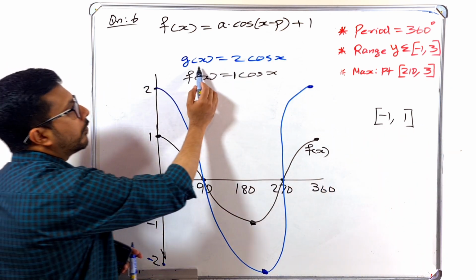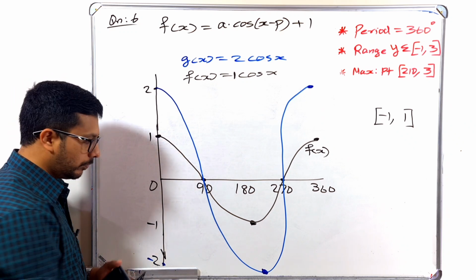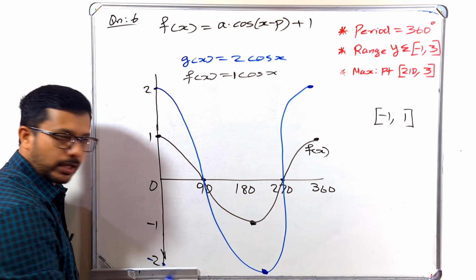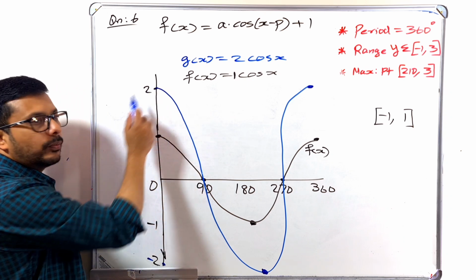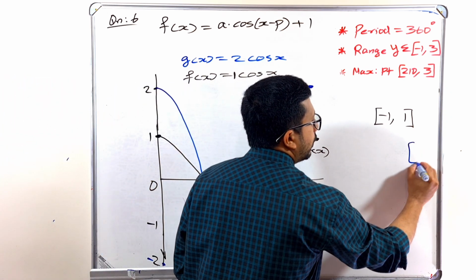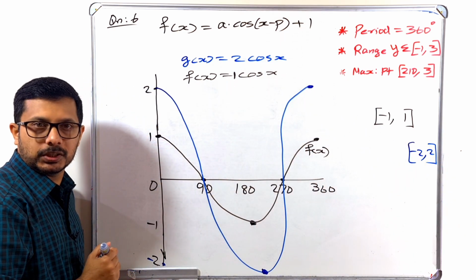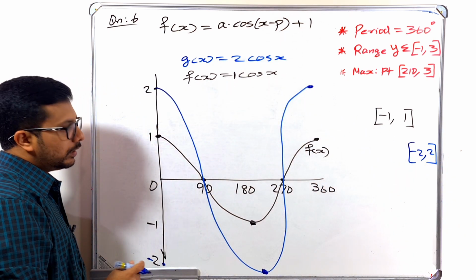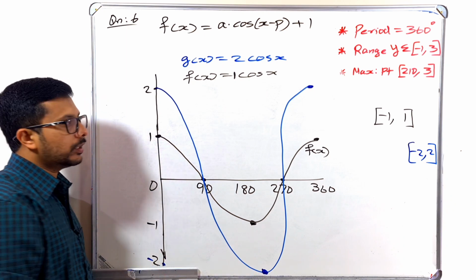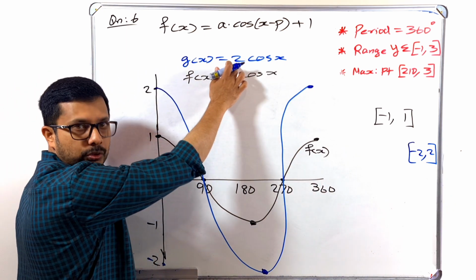When it is g of x is equal to 2 cos x, then what is the range? Range means y value, the minimum is -2 and the maximum is +2. So the range is -2 to +2. You understand? I can write it like this also. What is the coefficient of the trigonometric function? 2.